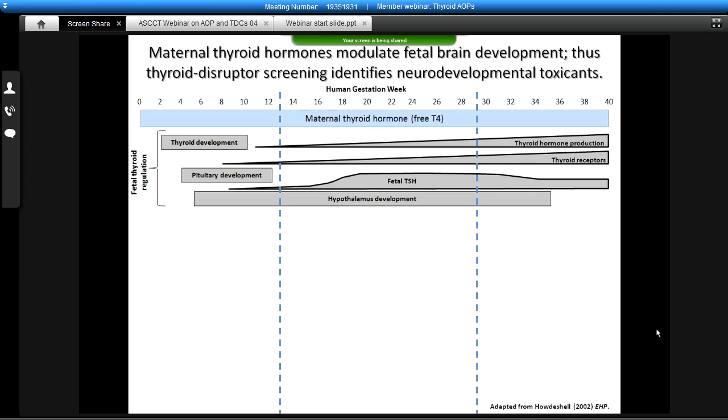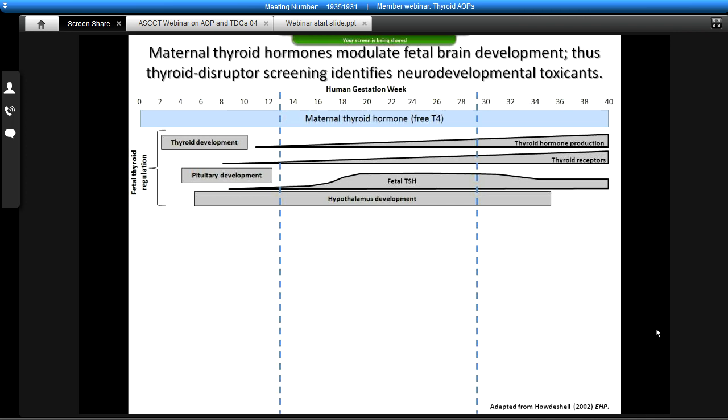Here I'm just graphically representing a human gestation period, and the gestation week is represented along the axis at the top from 0 to 40 weeks. And what you can see is that maternal free thyroxine, or T4, is in constant supply for the necessary thyroid hormone for the fetal compartment.